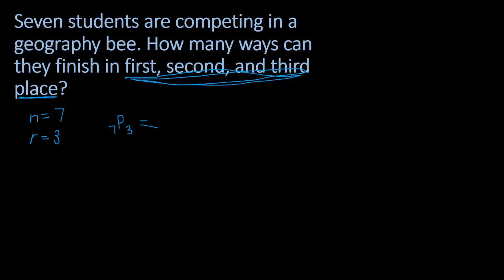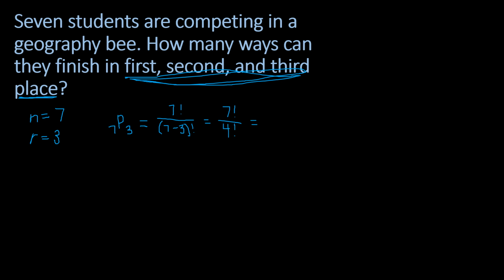So looking at our formula that we just wrote, you are looking at it, I don't have it on my screen, but I know it. We have n factorial, right? So we're going to have 7 factorial over n minus r. So 7 minus 3 factorial. All right, so 7 factorial over 7 minus 3 is 4 factorial.